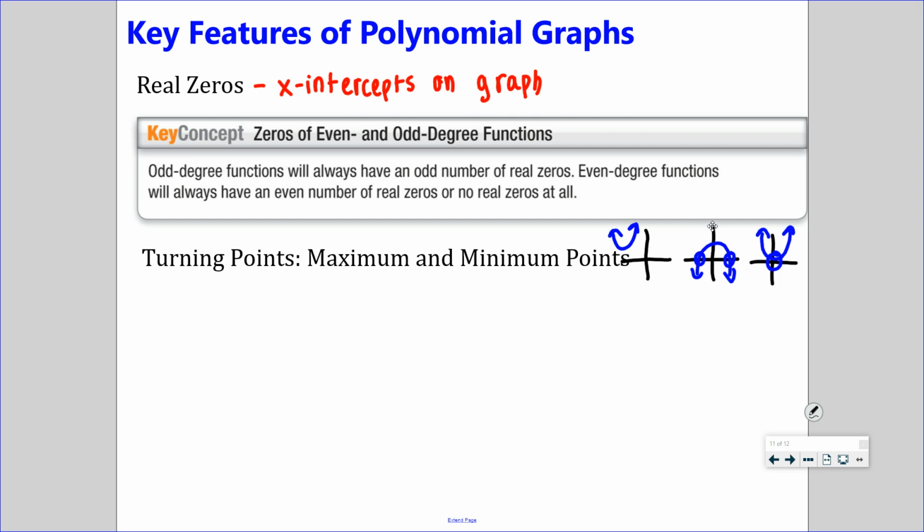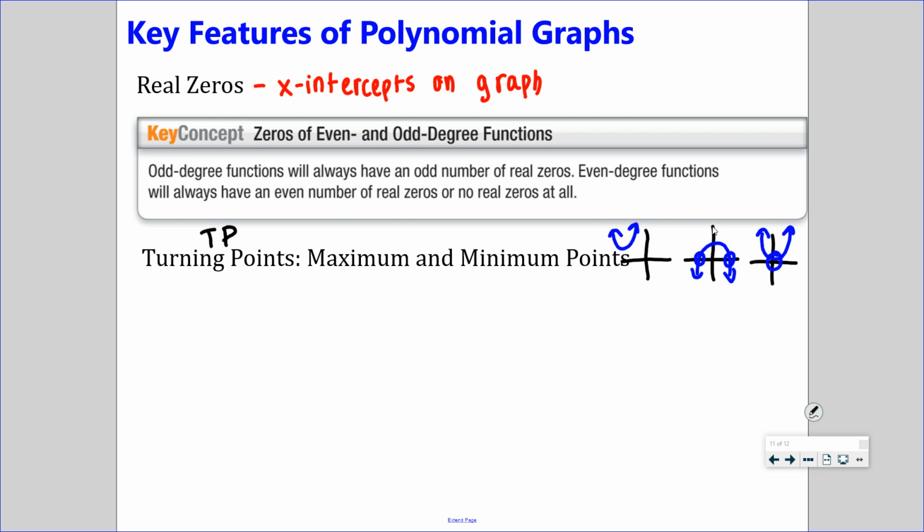Other vocab: turning points. These are really interesting points in our graph, and this plays into our lesson a little bit tomorrow, too. Turning points, which I often abbreviate as TP. Let's think of a parabola, something we know. A turning point is where your graph changes from increasing to decreasing.